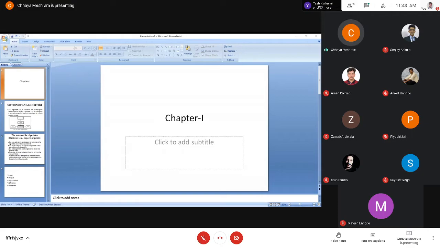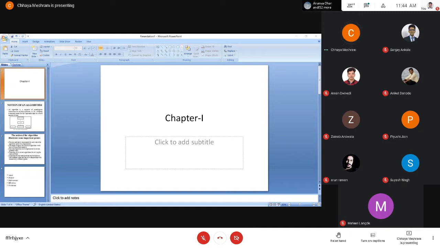An algorithm is a step-by-step sequence of instructions. In simple language, we can say an algorithm is nothing but a sequence of instructions which we use to solve a particular problem. We know that an algorithm is nothing but a sequence of unambiguous instructions. There are certain characteristics of algorithms, and we will also see them in today's lecture.